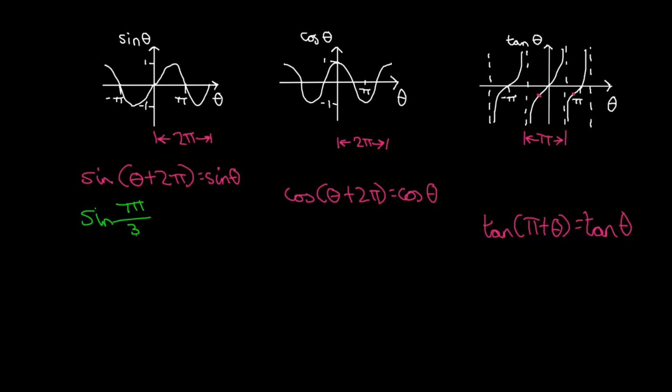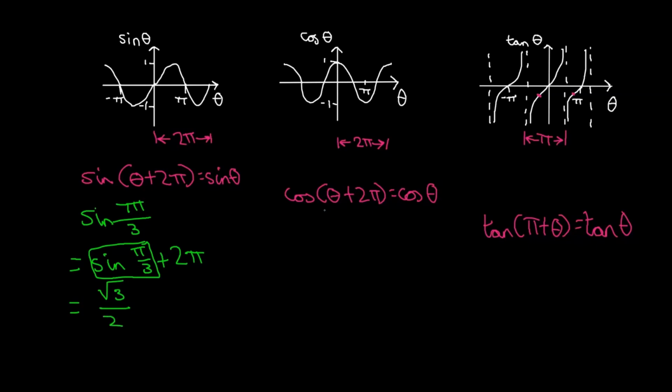This identity tells us that the sine of 7 pi over 3 is equal to the sine of pi over 3 plus 2 pi, because 2 pi is 6 pi over 3 plus pi over 3 is 7 pi over 3. So all we need to know is the sine of pi over 3. This is our angle here, which is equal to root 3 over 2.